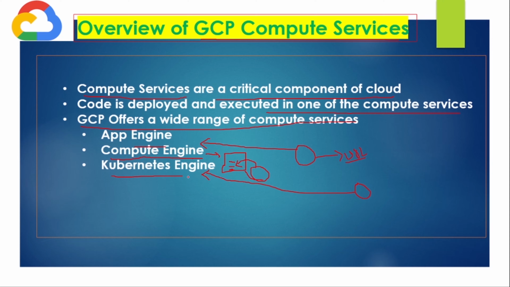It will take up your code, form a container, and be responsible for managing the container, whether by scaling up, scaling down, or the number of pods that you want to create. All these things are managed by Kubernetes Engine. Nowadays Kubernetes Engine is in demand, and the demand for virtual machines is going down and Kubernetes Engine is taking over, right?